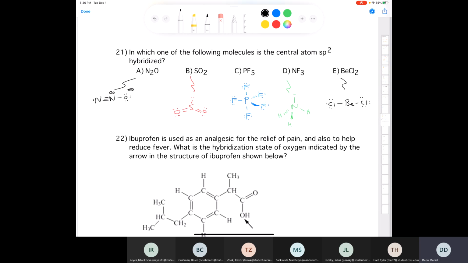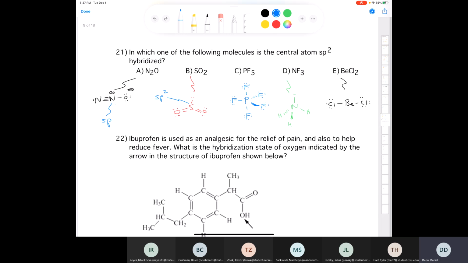If I look at the hybridization of each one of these, there was a table that we looked at in the very last chapter, chapter 10, which enables us to identify quickly the hybridization. This nitrogen is only bound to 2 atoms, and so it is sp hybridized. Sulfur dioxide has 2 bonds and 1 lone pair, and so it is sp2 hybridized.